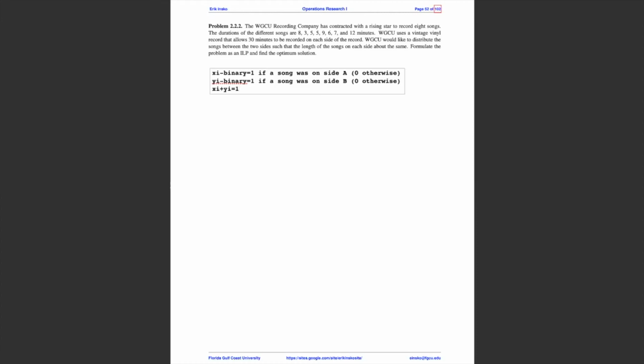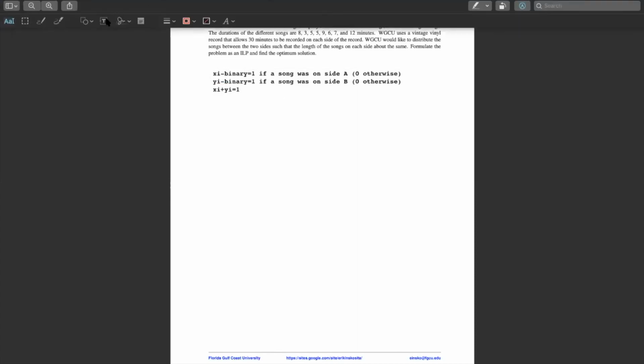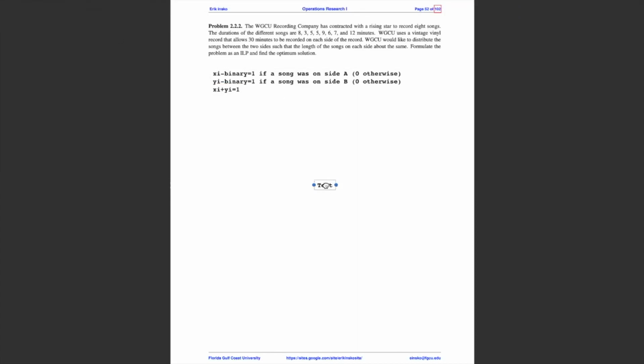It says that it allows 30 minutes of recorded time on each side. So how can we denote how much recording time we have on each side? So the first song we know it's 8 minutes. So if it was recorded, that would be on side A, that would be 8 times x1.